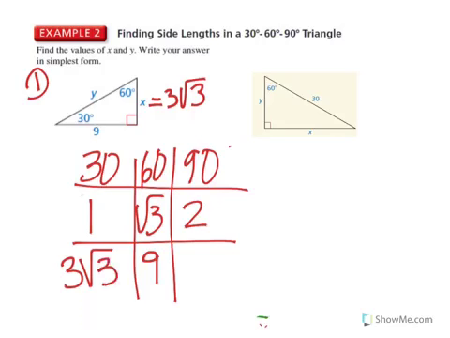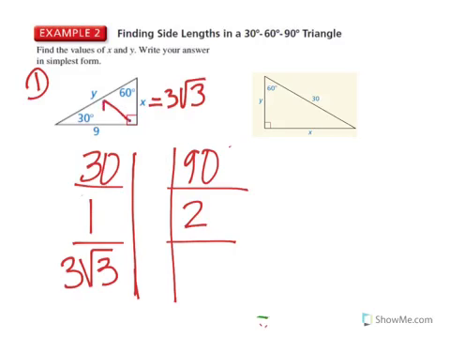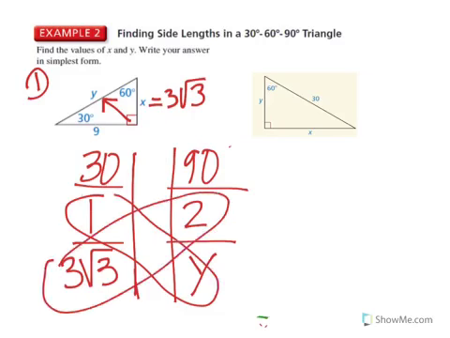It is much easier to go from the 30 to the 90 than it is going from the 60 to the 90. So we're just pretending like this one is not there, and if it helps, I'm going to erase it like it is not there. Then we can go over here. Since we have just found 3 square roots of 3 on the 30-degree side, to solve for y we're going to put the y there, and still we're going to cross multiply like we did.